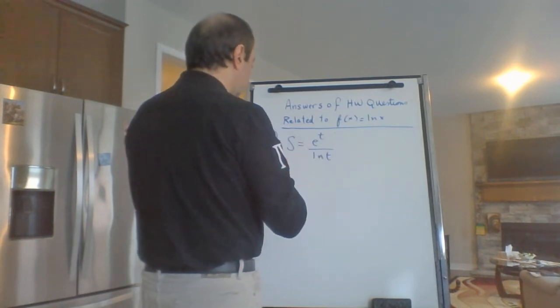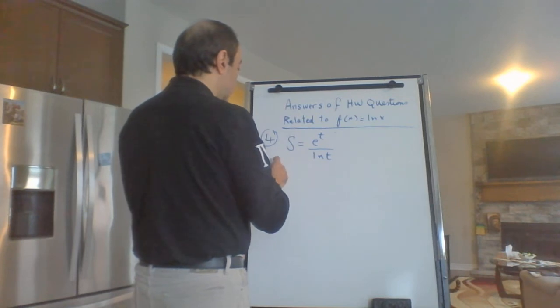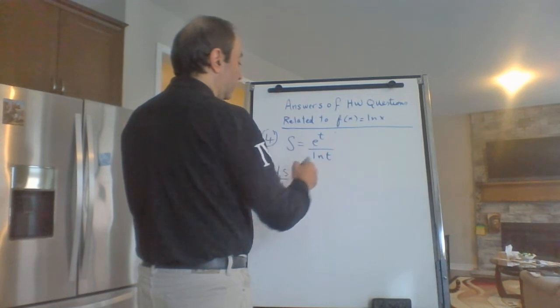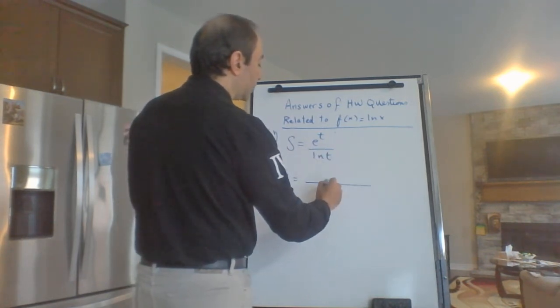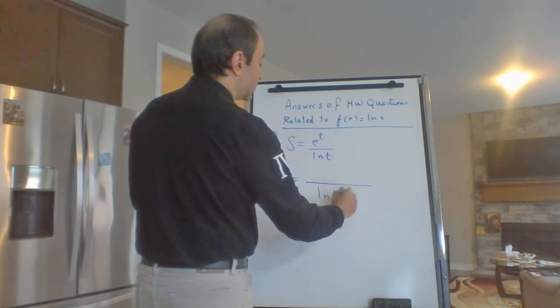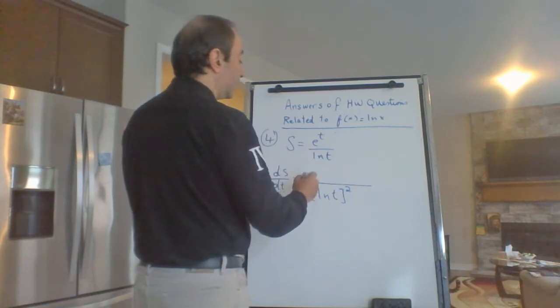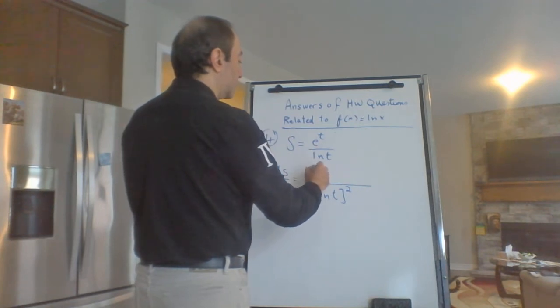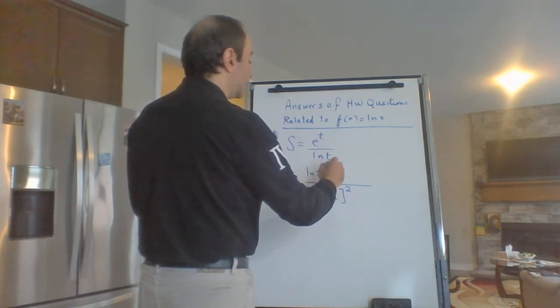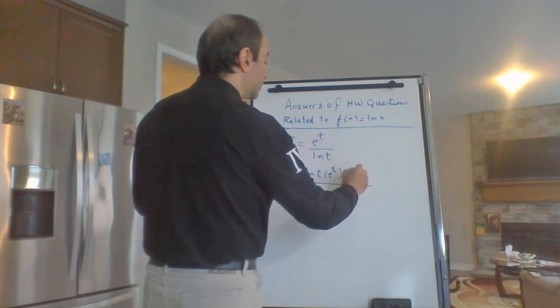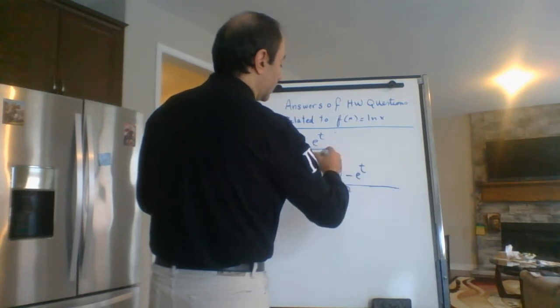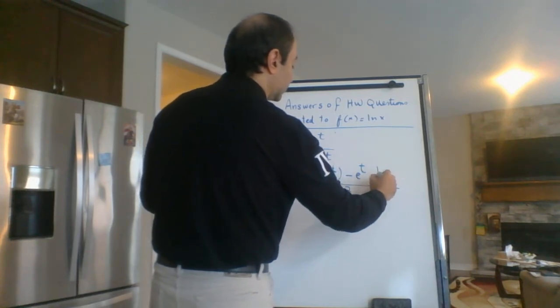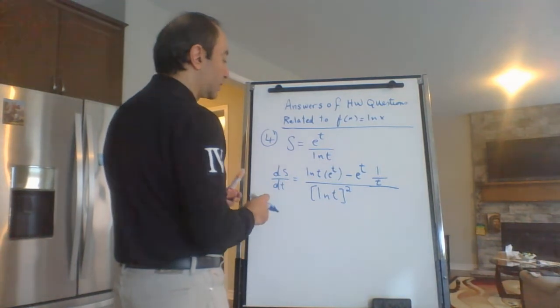We need to find the derivative of this, so I will write ds by dt, and I can use the quotient rule: low squared, so ln t squared, low d high, so ln t times the derivative of the high, which is e to the power of t, minus high d low, which is 1 over t.